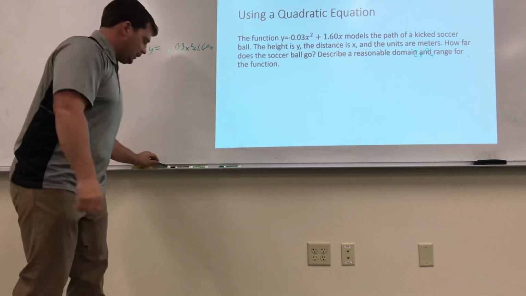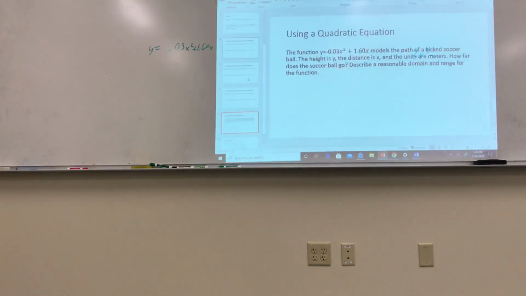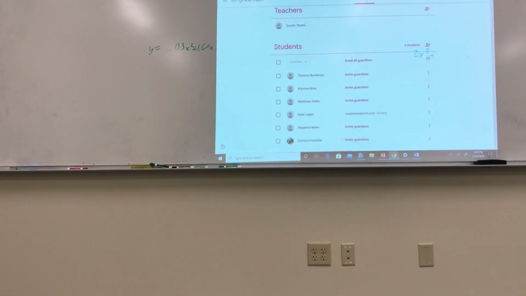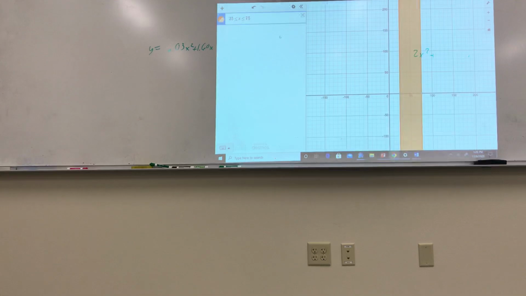I'm going to type that into Desmos here. Y equals 0.03x raised to the second plus 1.60x. And this is another deal you could use.